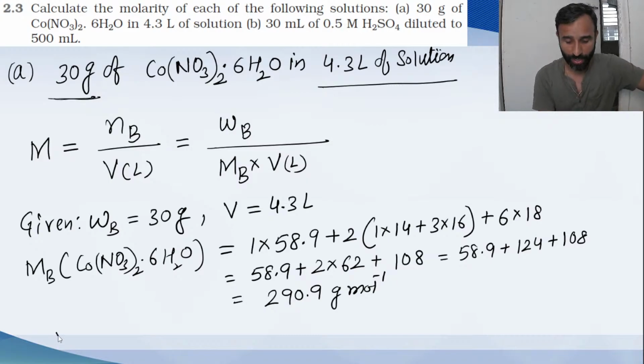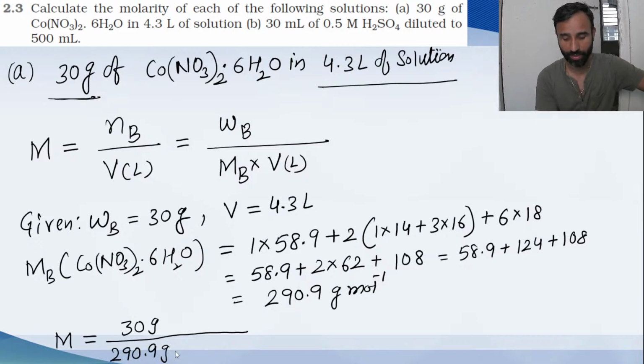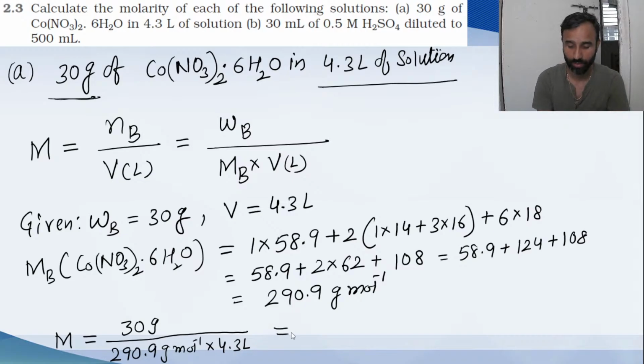Molarity is equal to 30 gram divided by 290.9 gram per mole into 4.3 liter. The answer is in mole per liter.